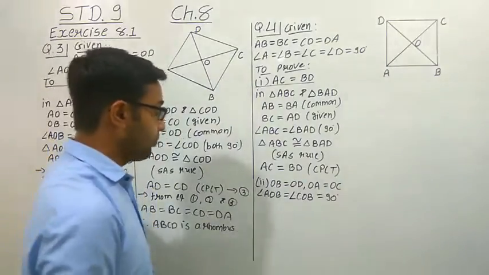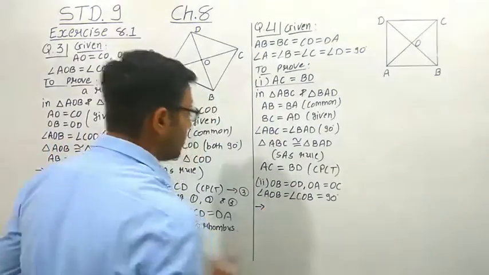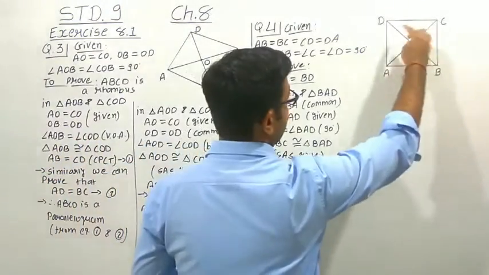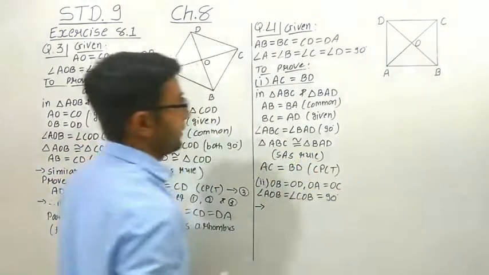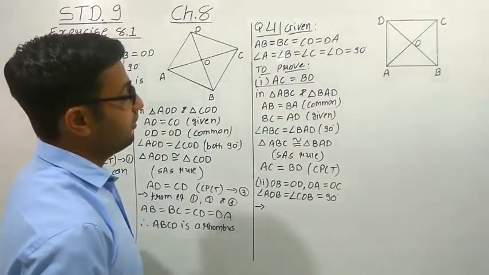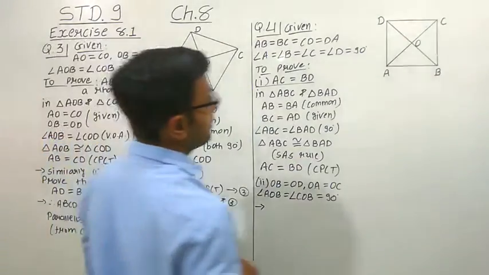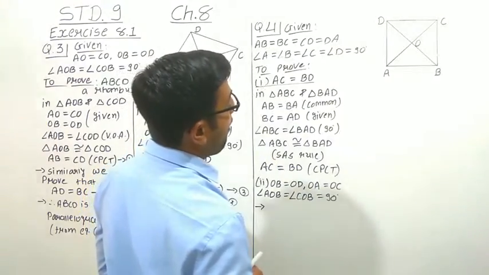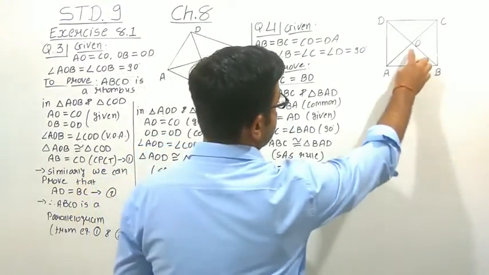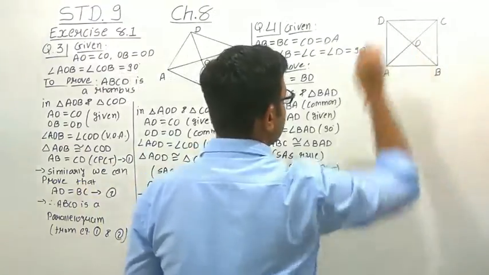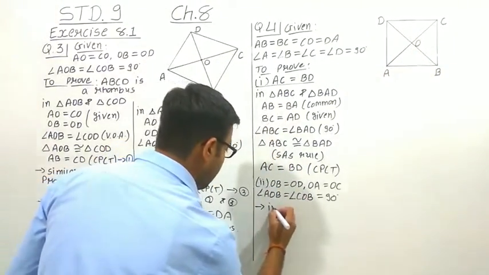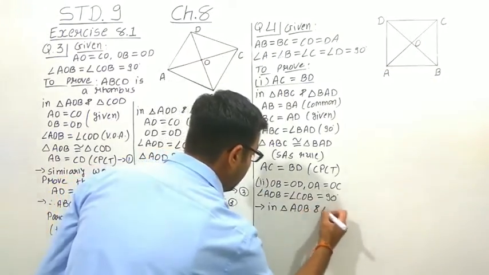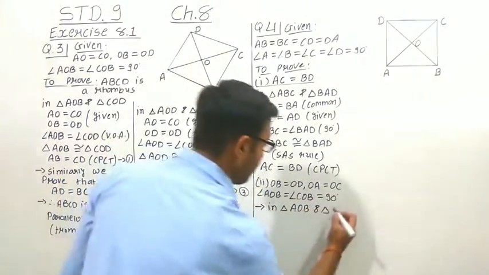These two things we have to prove. So what we can do here is to prove that OB is equal to OD and OC is equal to OA, right? Here we can take the two triangles, that is AOB and COD. So in triangle AOB and triangle COD.